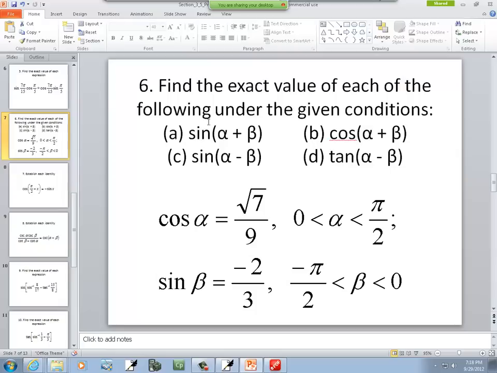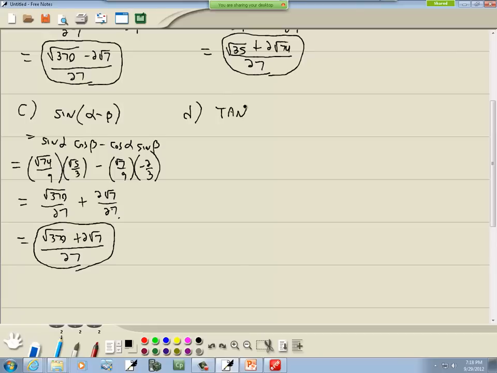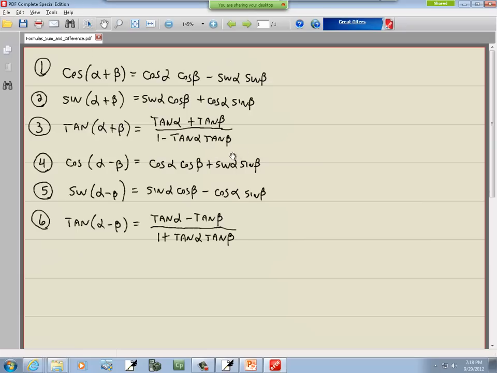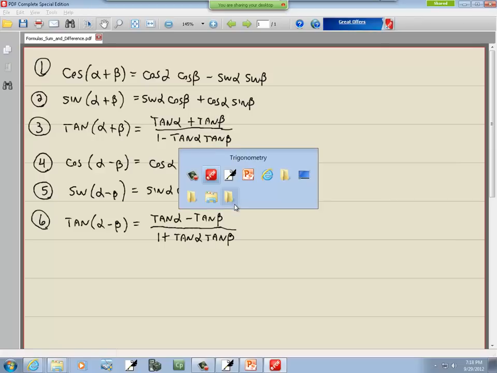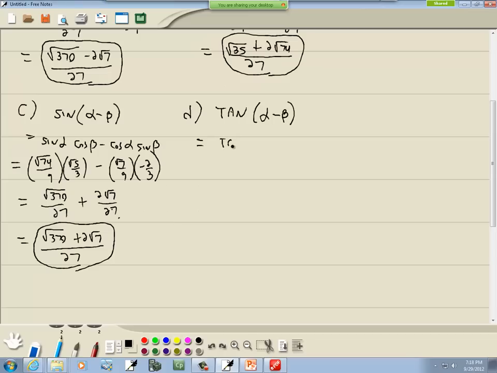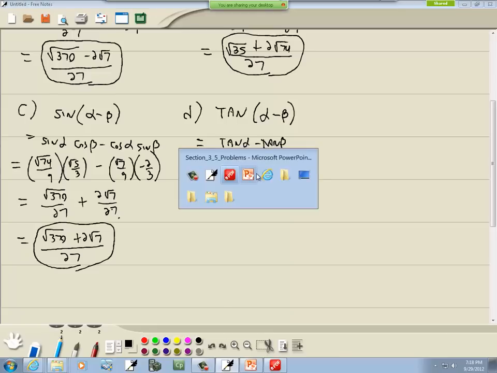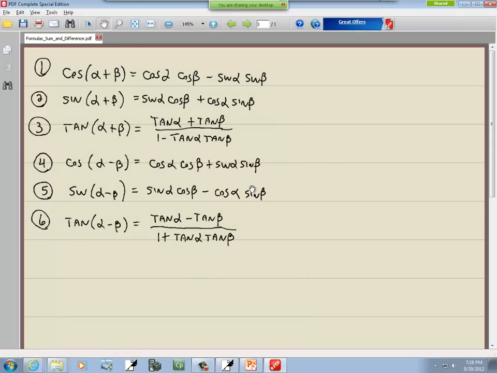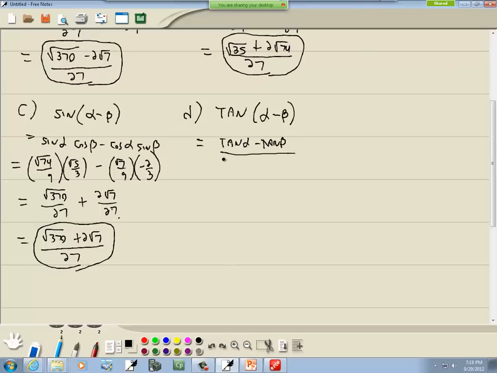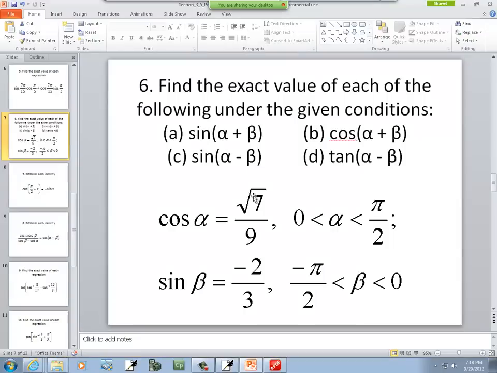Now D says find tangent of alpha minus beta. Let's go look the formula up. Tangent alpha minus beta is tangent alpha minus tangent beta over 1 plus tangent alpha tangent beta. Now let me go double check those.